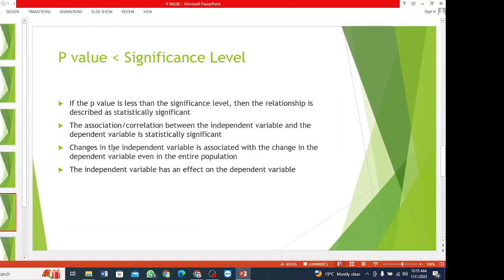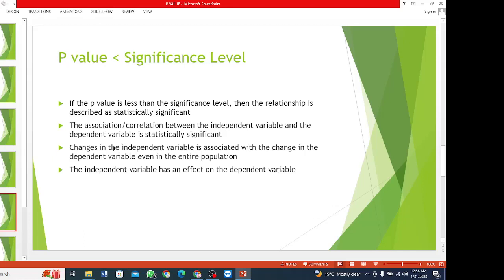Then when you have a p-value that is less than your significance level, how do you interpret it? A p-value that is less than the significance level can be described as statistically significant. So we can describe the relationship between the variables in your model as statistically significant.